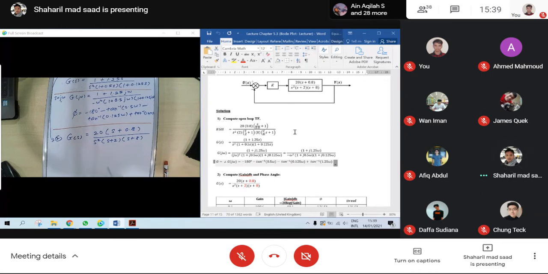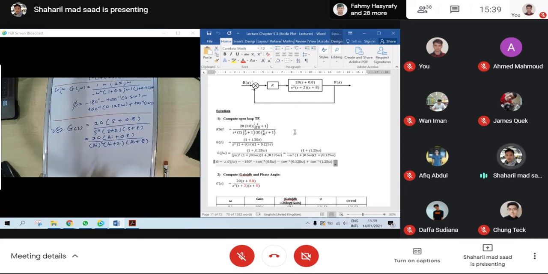Then you can use your calculator: j plus 0.8, j squared, j plus 2 and j plus 8.